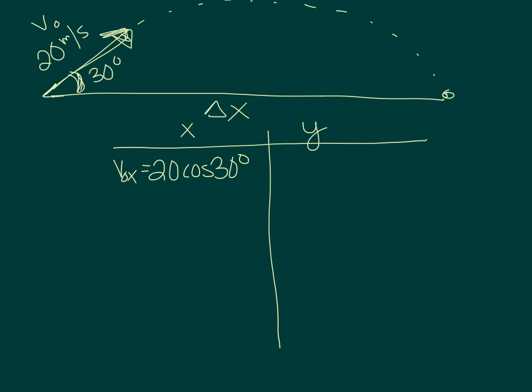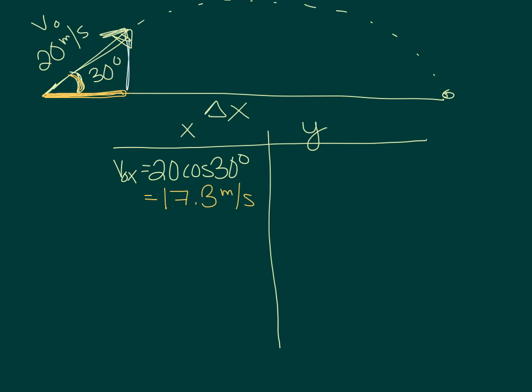My initial velocity in the x direction is this side of the triangle, and so I use cos because it's adjacent to this angle. When I plug 20 cos 30 into my calculator, I get 17.3 meters per second.